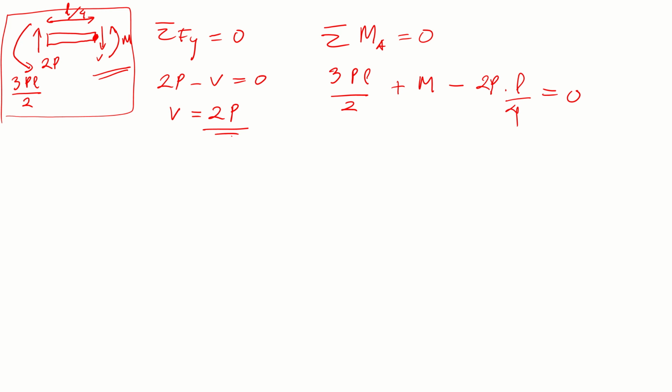This is supposed to be half PL. This one is 3PL per 2. So what we will have is M is equal to minus PL. Okay, let's check again.